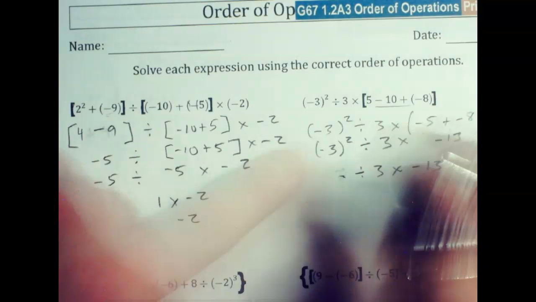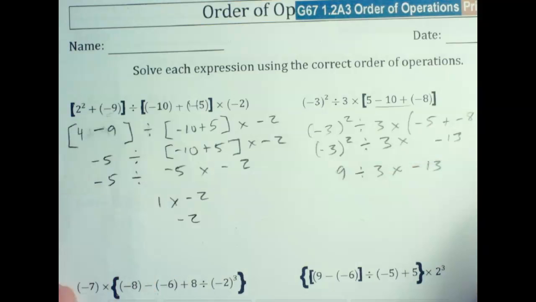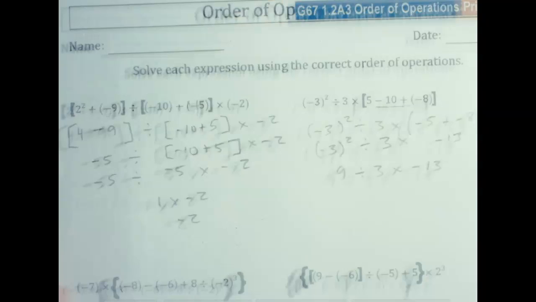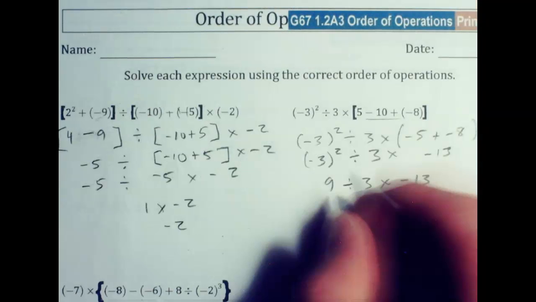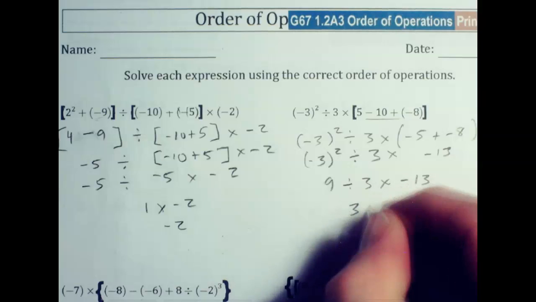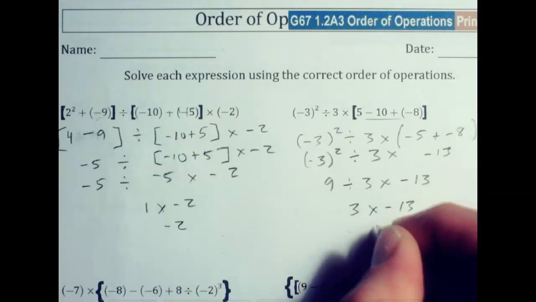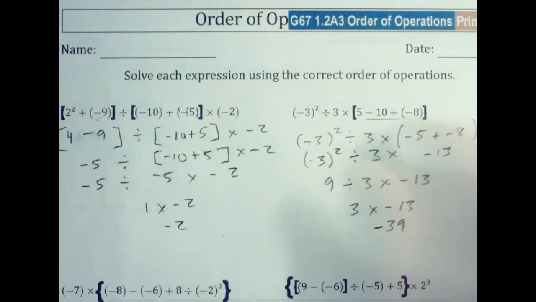That's a 9, my bad. It's a +9. So 9 divided by 3 is going to be 3 times a -13, so that's a -39. 1, 2, 3, 4, 5, 6. Again, I call it a 6-step problem. So it worked out okay.